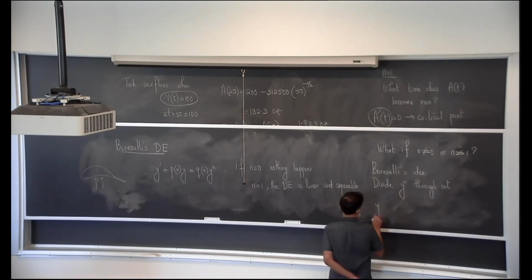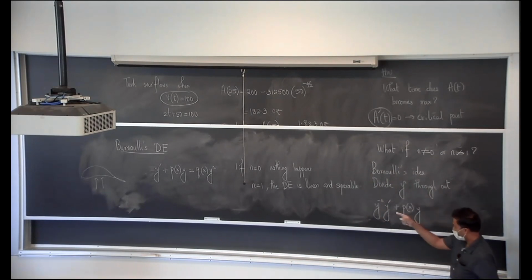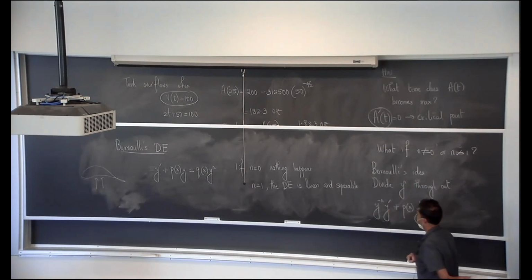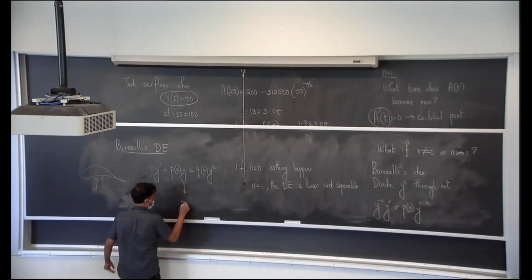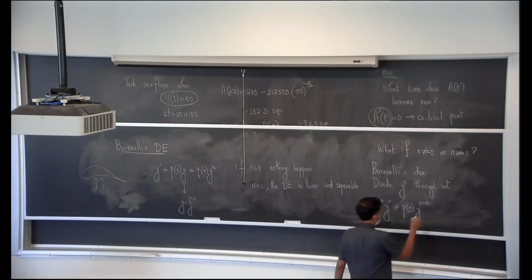So it's y to the power of -n times y prime plus p of x times, there's already a y there, so now you're multiplying y to the power of -n to it. So it becomes y to the power of 1 minus n, because it's this y times y to the power of -n, equal to q of x.